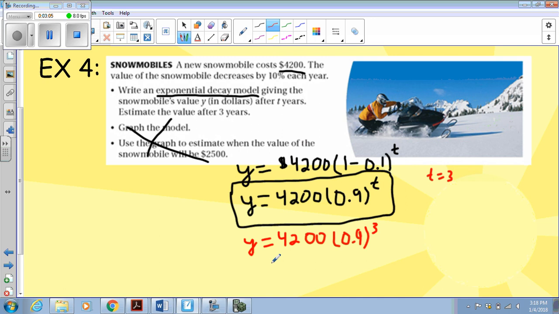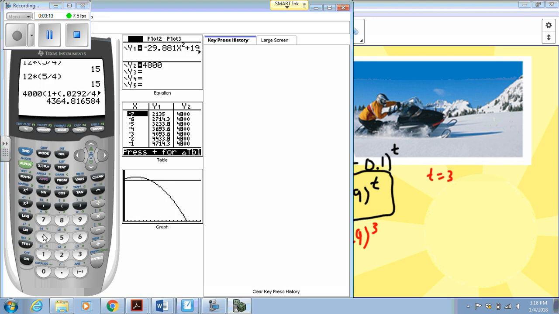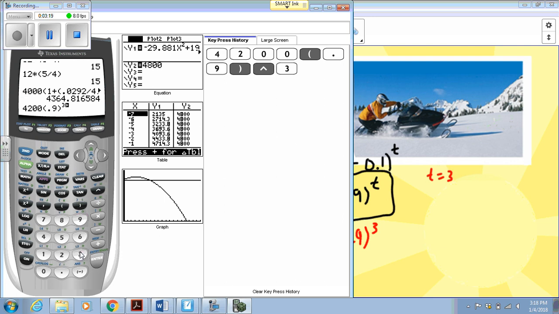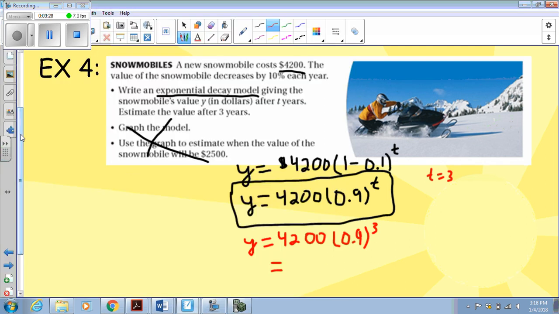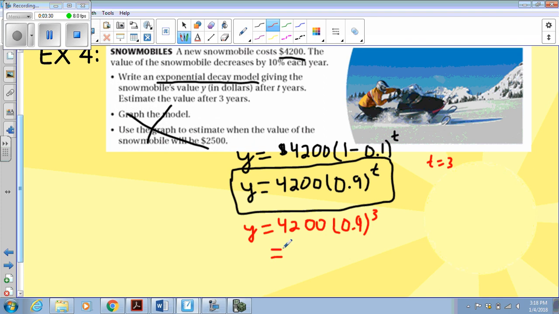Now this is a problem you probably would see on the calculator portion of a quiz or a test, because you really have to do this on a calculator. So using that, we have 4,200, and then we do 0.9, and that would be taken to the third power. So here we have 3,061 point, and we're going to say 80, since our label in this case is going to be dollars.